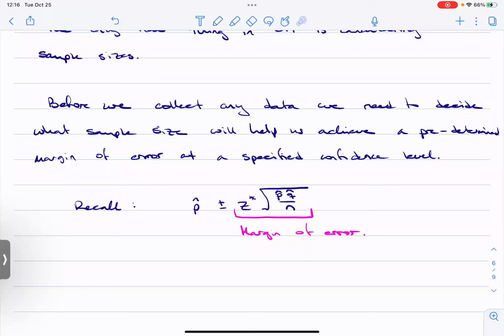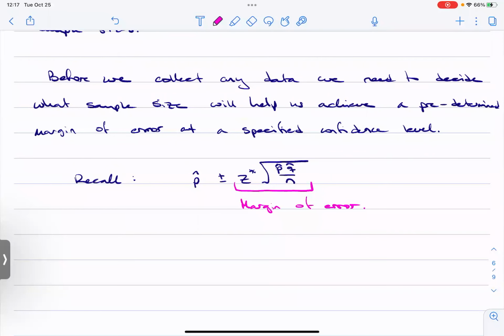You'll want to start your study by determining what margin of error you can live with. 0.03, let's say. And what confidence level do you want to be reporting at? The default is 95%, and this confidence level is what gives us our z star.